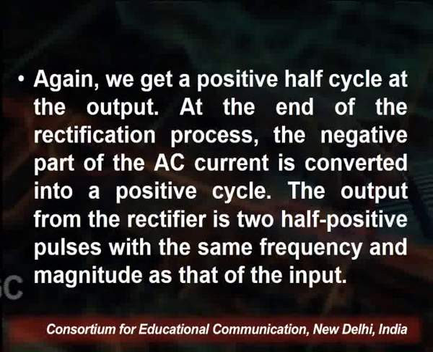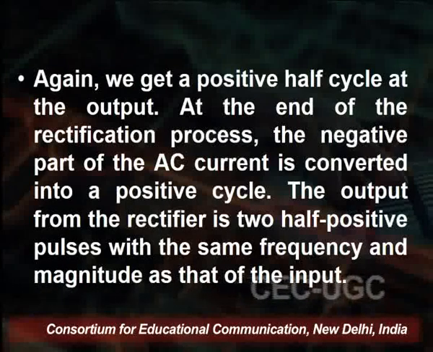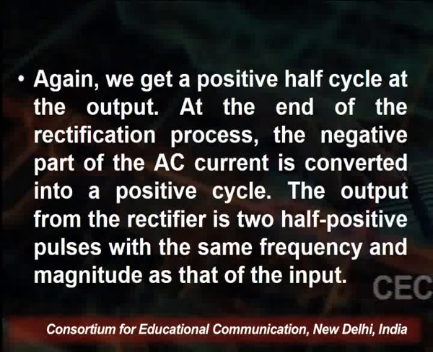The biasing can be done accordingly. Means when we get the output, we have to make the appropriate diodes forward biased. Again we get a positive half cycle at the output. At the end of the rectification process, the negative half of the AC is converted into a positive cycle.